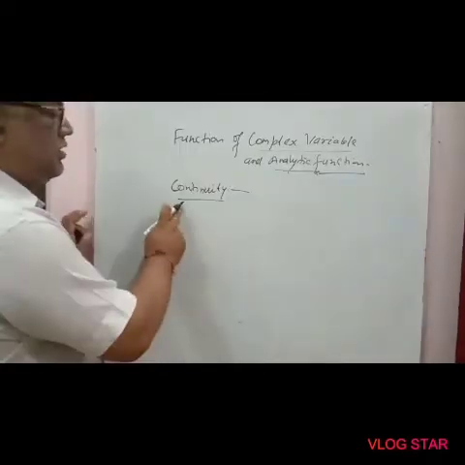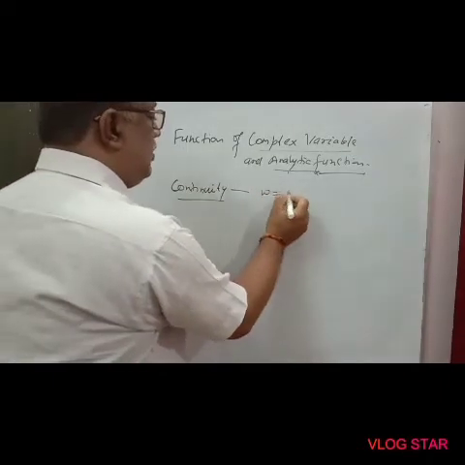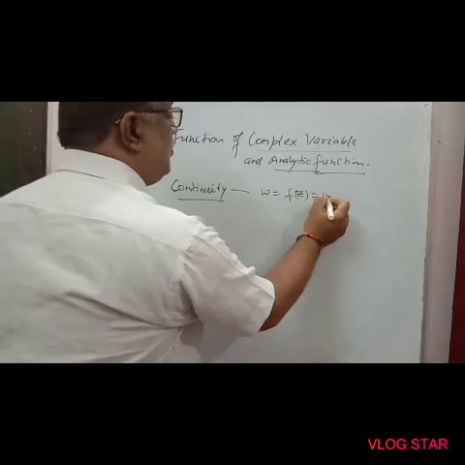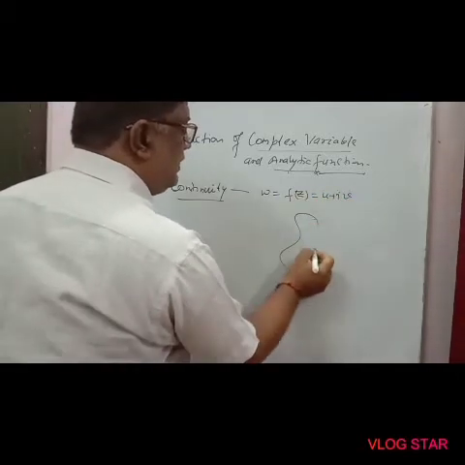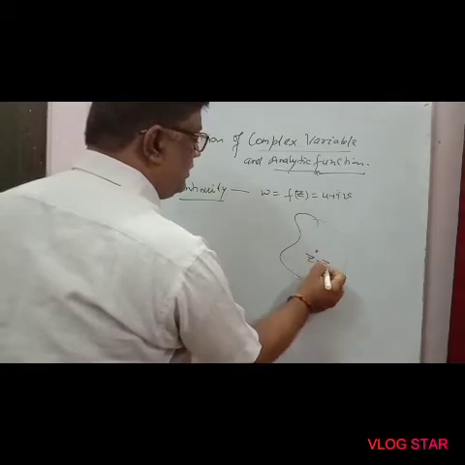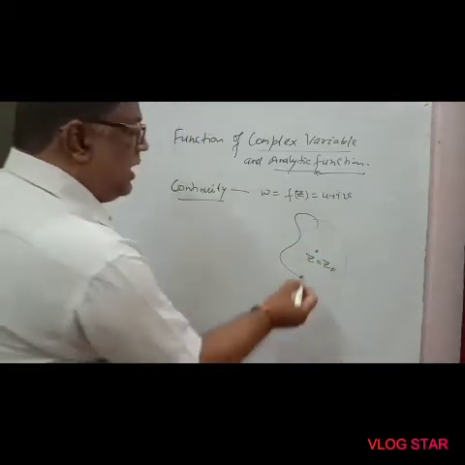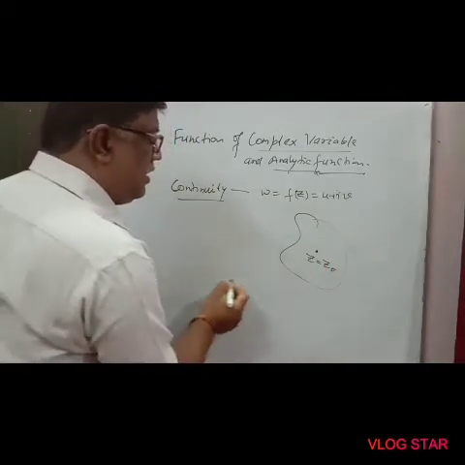To discuss its continuity, we know that w equals f(z) equals u plus iv is a function. Suppose that this is a region, we have to study the continuity at the point z equals z naught.